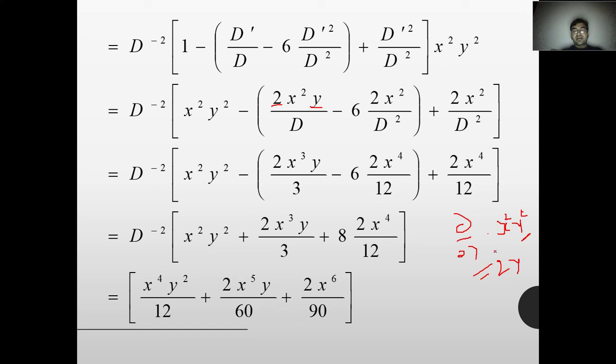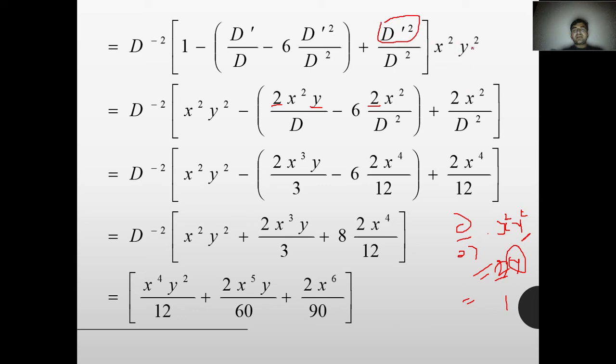So this is equal to 1, so the value is 2 only, plus 2x square and multiply D dash square into x square into y square. So the second derivative of y square is equal to only 2.